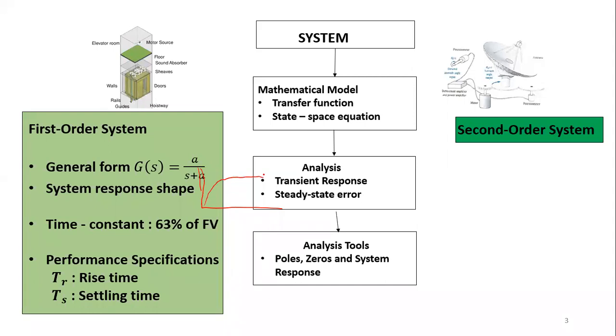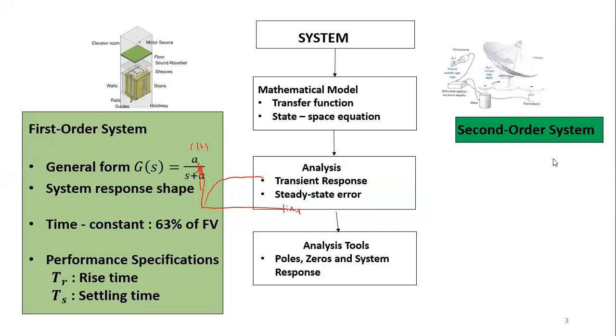Then we talked about the time constant, which is the key element for the first order system; its definition is the time to reach 63% of the final value. We also talked about the performance specifications for the first order system, which are the rise time and settling time. Now we're going to extend our understanding to the second order system.